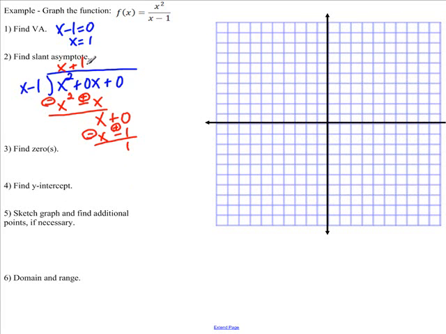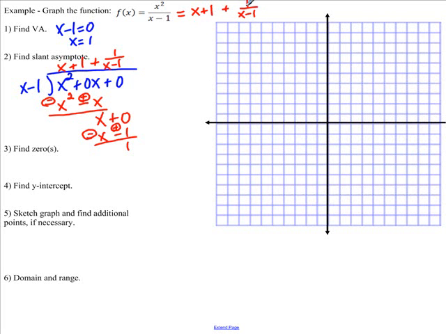So remember we would write that as plus 1 over our divisor, which was x minus 1. Well, this is the interesting thing here, because now what we're saying is that x squared over x minus 1 is equivalent to x plus 1 over x minus 1. Well, that tells us the long-term behavior: as x goes to infinity, this 1 over x minus 1 is approaching 0.